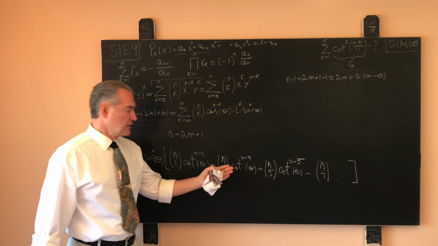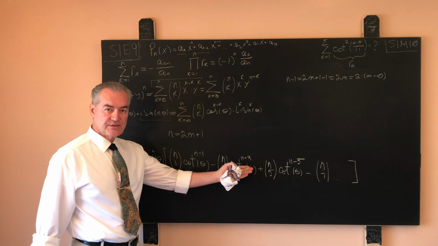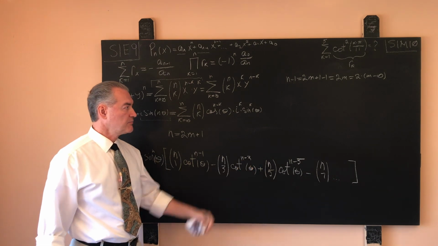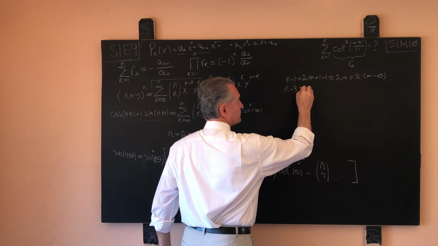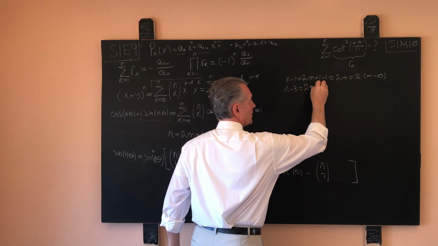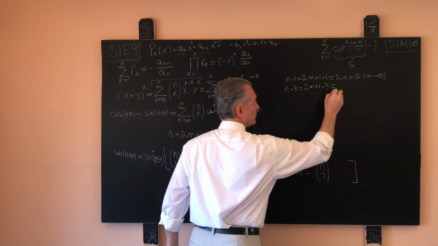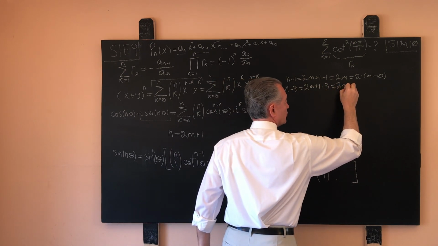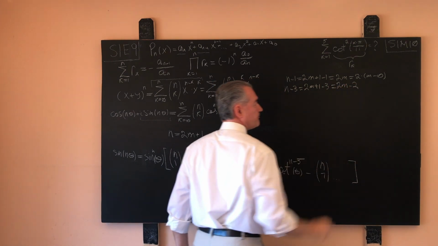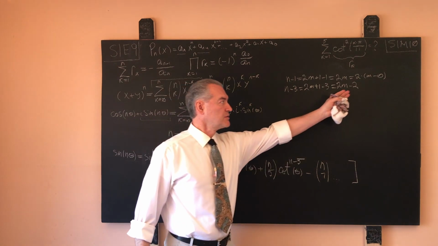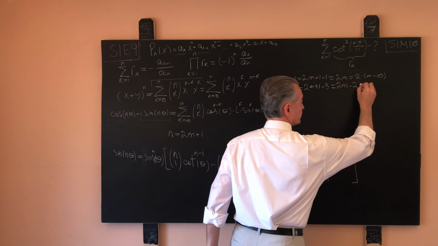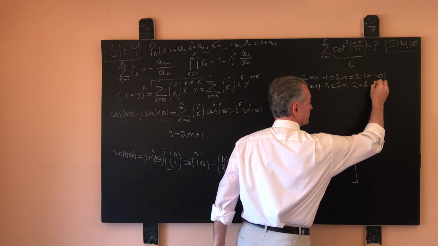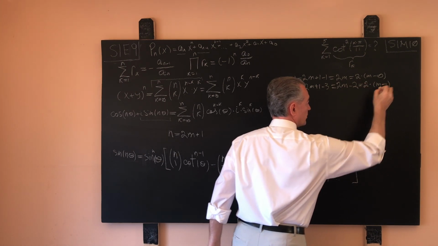Very well. Let us work with the next power, n minus 3. What will happen here in this case? N minus 3 will be 2m plus 1 minus 3 equals 2m minus 2. And how can this number be represented alternatively? Well, yes, it is 2 times m minus 1.